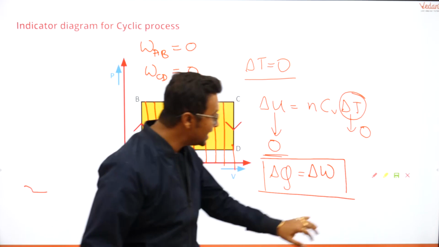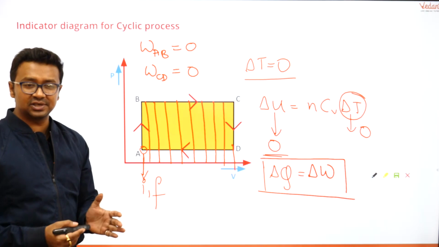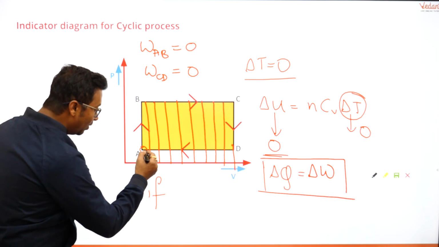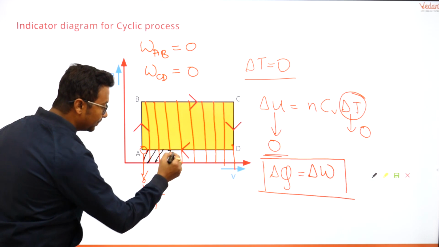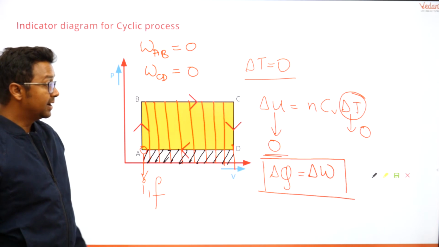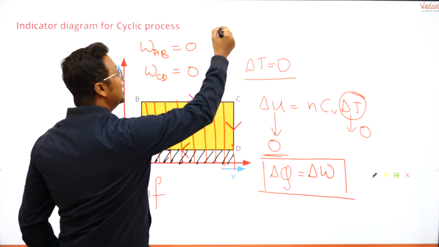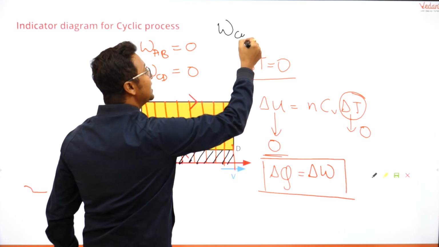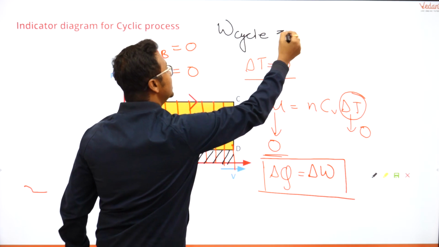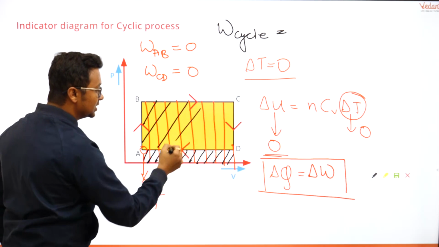Now what about DA? In the process DA, my dear students, the work done is negative because compression is taking place. So the work done is all this area. Now if you calculate the net work done in the entire cycle, it is nothing but the area of just this region.